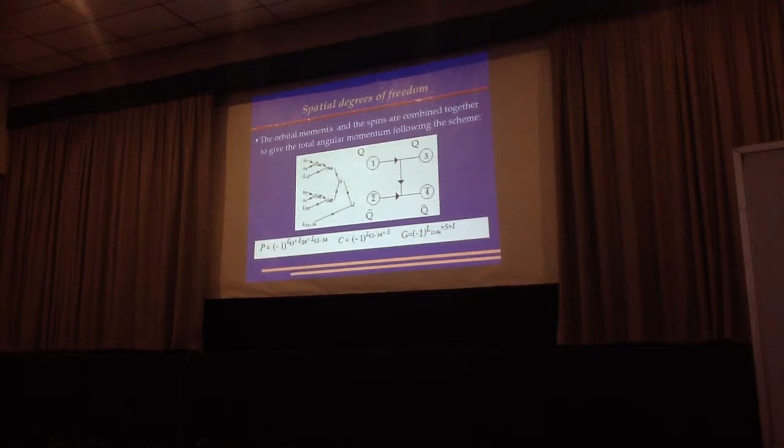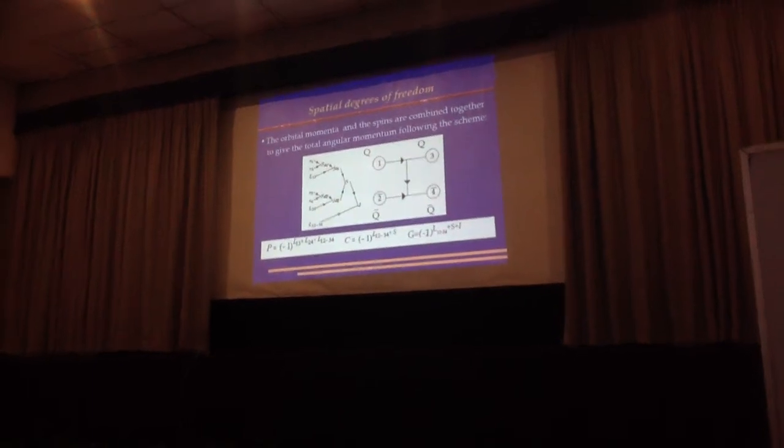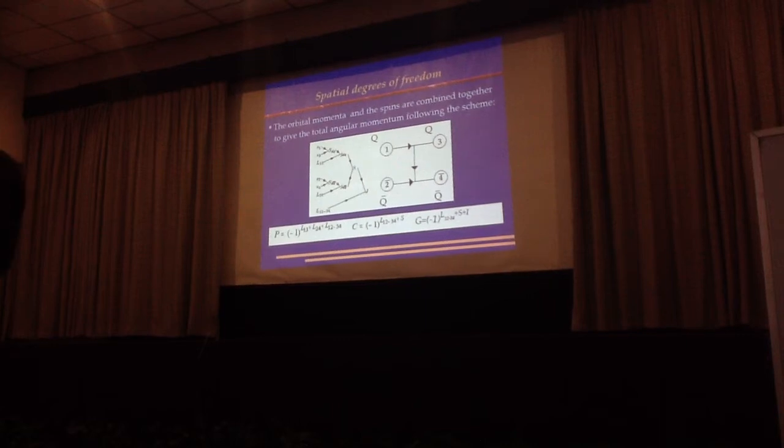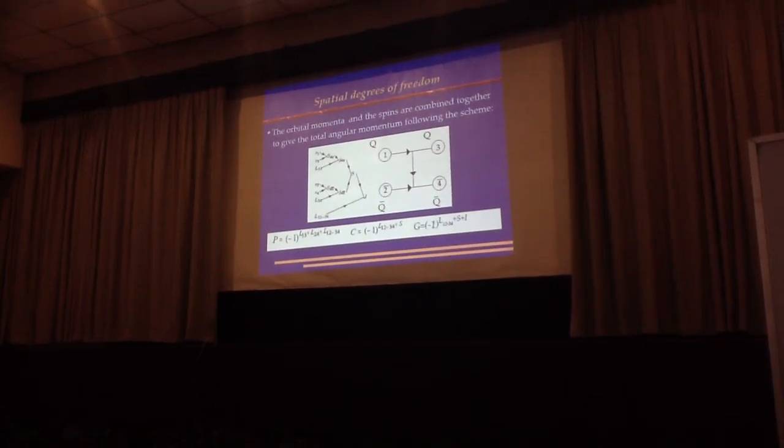With this choice of coordinates, it's easy to calculate the parity, C parity, and G parity, because we can follow the same procedure that we follow for normal mesons.